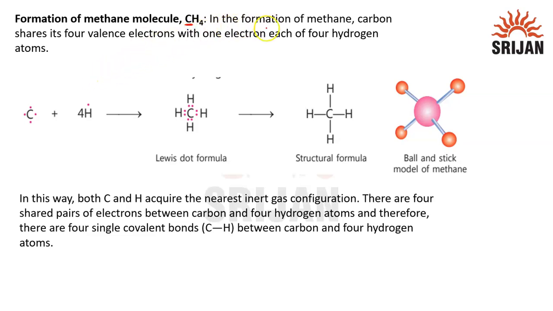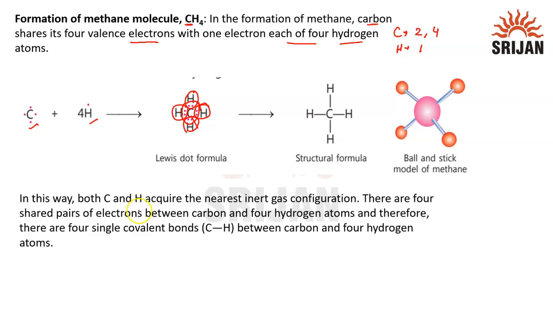In CH4, carbon has 4 electrons in its valence shell and hydrogen has 1. The carbon atom shares its 4 valence electrons with 1 electron each of the 4 hydrogen atoms, as we can see here. Each hydrogen gets its duplet complete and the octet of the carbon atom is also complete.